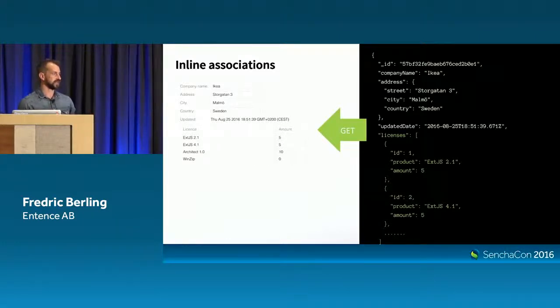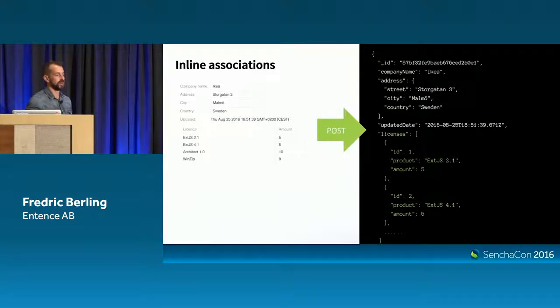So in our case, the customer wants it as an inline association first. So we're getting the full JSON, painting this picture. When we save, we also want everything to be posted. This is not by design. Sencha doesn't really care about associated data on save by default.